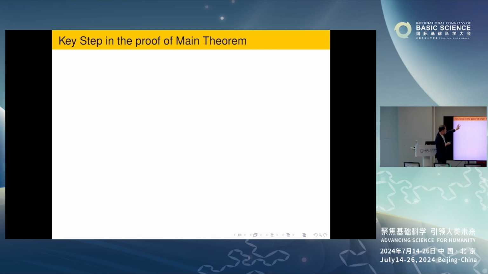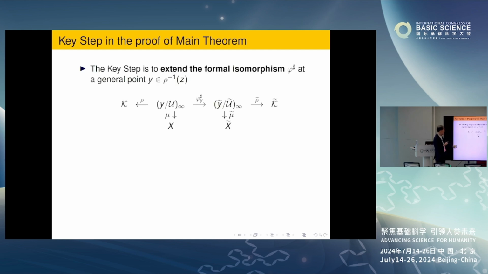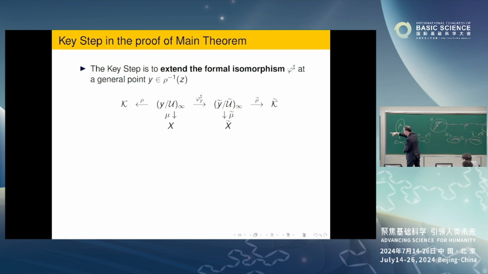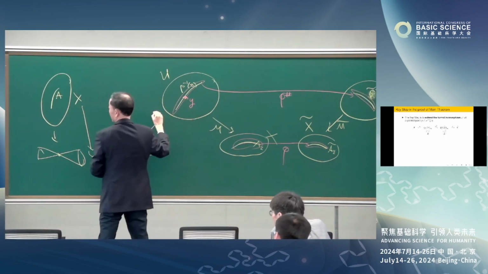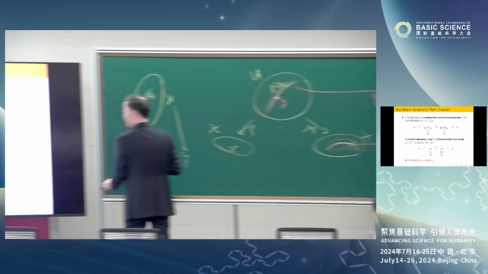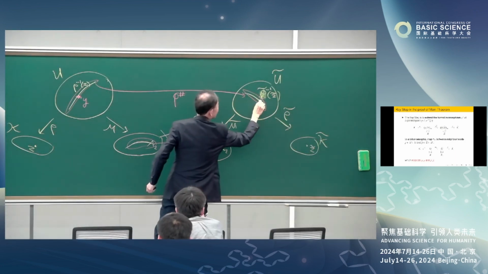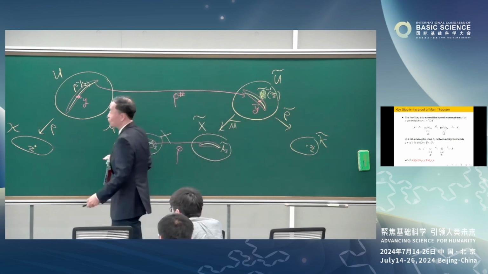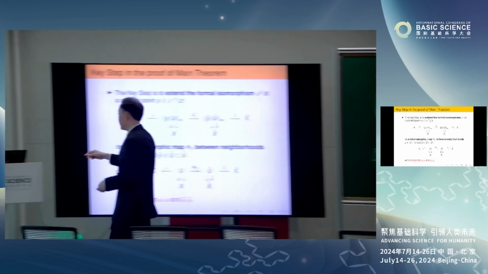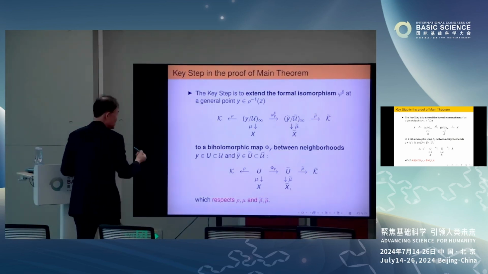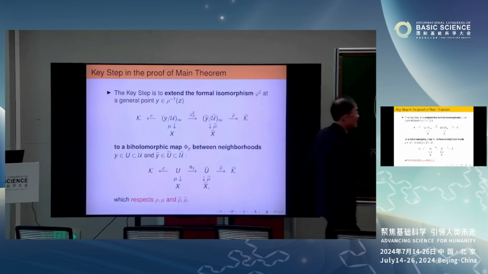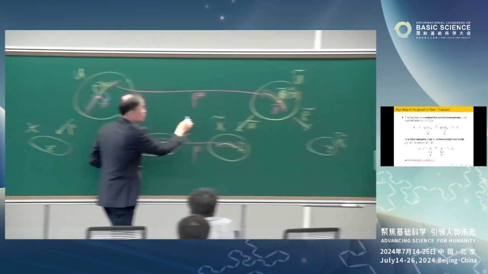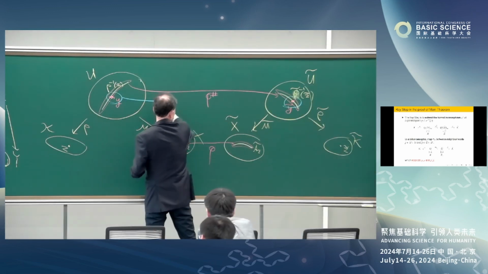Now the key step of the main theorem is the following. Namely, we can extend this formal isomorphism at a general point. If we choose a general point y here, and the corresponding point here, then what we want is to extend this formal isomorphism to a biholomorphic map between neighborhoods.